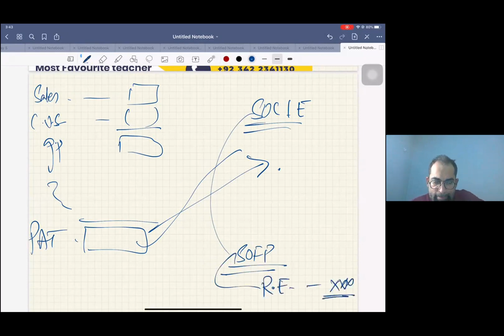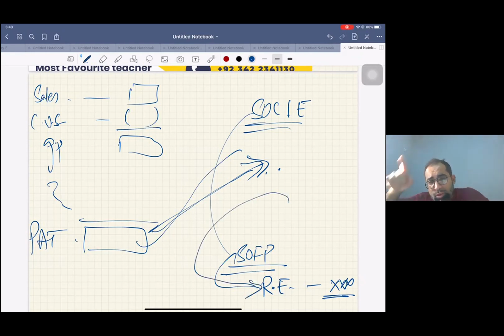I repeat, first you make the income statement: sales, cost of sales, gross profit. I hope you remember this. Then you calculate profit after tax, which goes into the statement of changes in equity, and then the closing retained earnings goes into the SOFP.